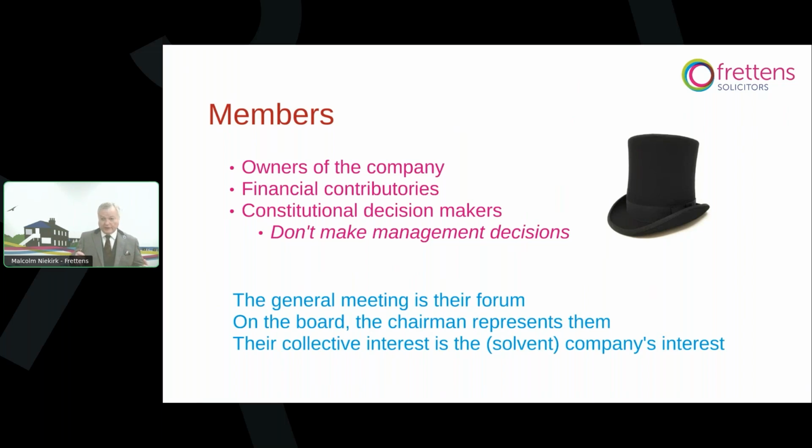And of course, there's the general principle of company law that while a company is solvent, the interests of the company are equated with the interests of the shareholders. They're seen as having collectively the same interests as the interests of the company. They are seen as having a complete alignment of interests. If the shareholders have a particular interest, that is the interest of the company.